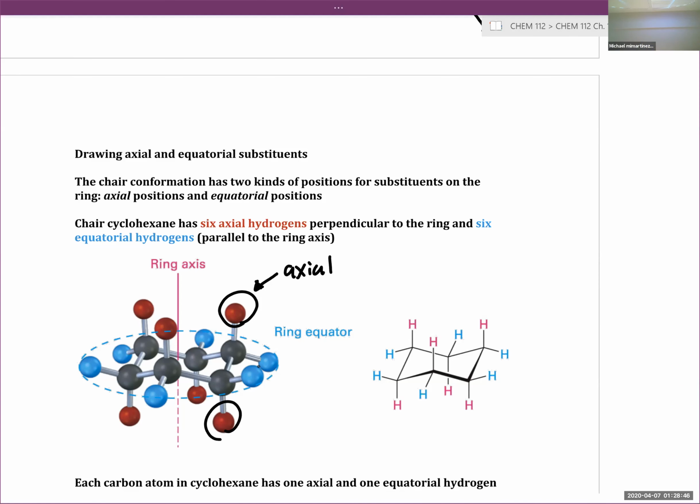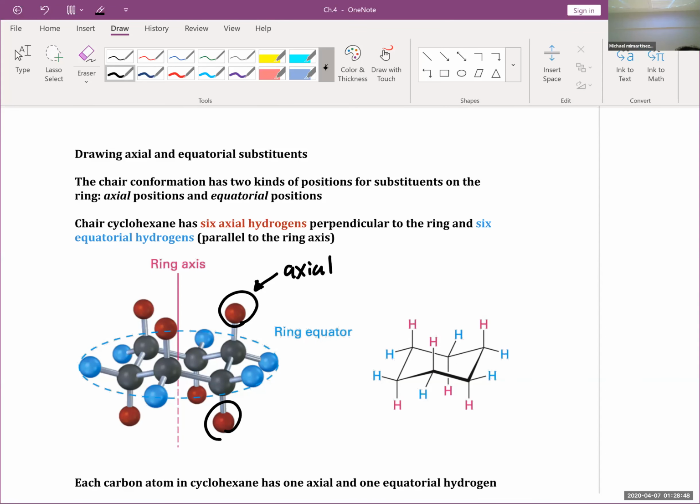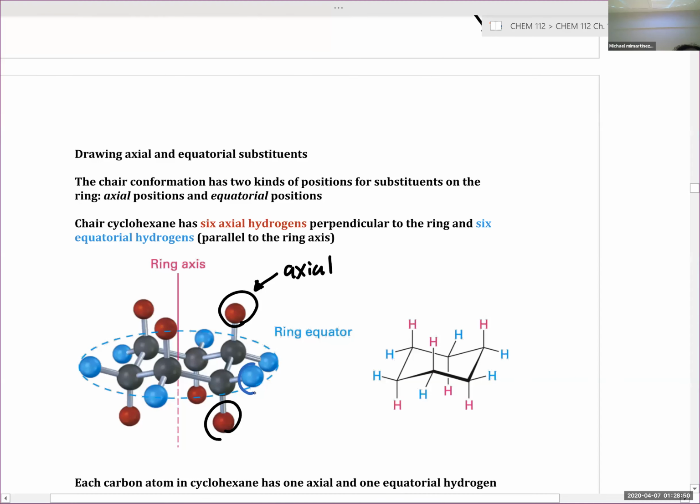And just like in the Earth, the hydrogens that are parallel to the carbon plane are known as equatorial hydrogens. Now, as we notice in our cyclohexane ring, we have 6 axial hydrogens and 6 equatorial hydrogens.